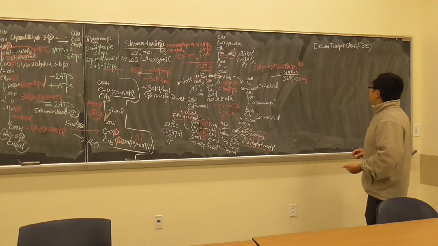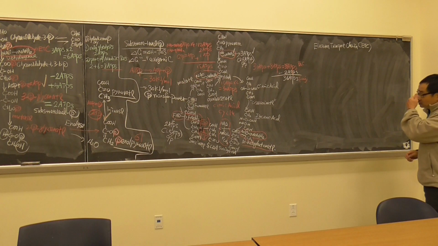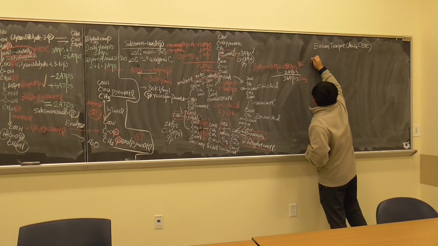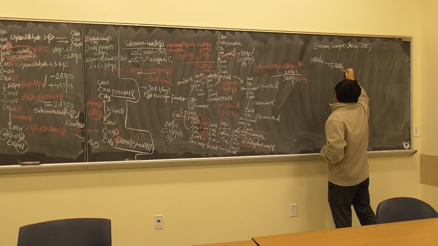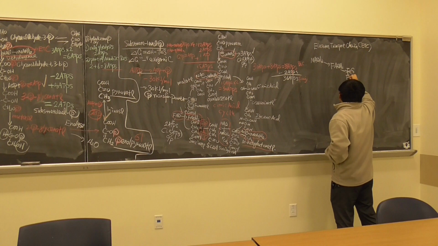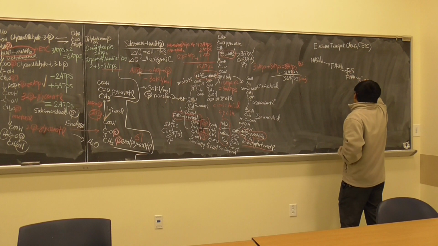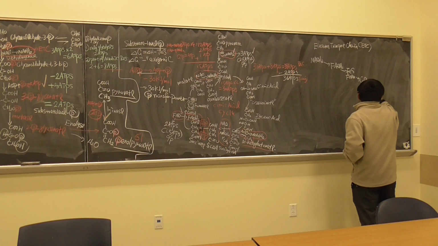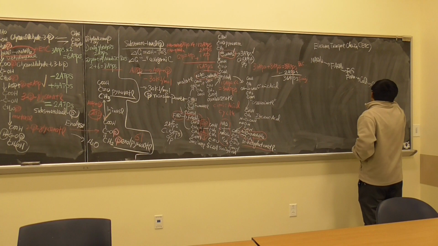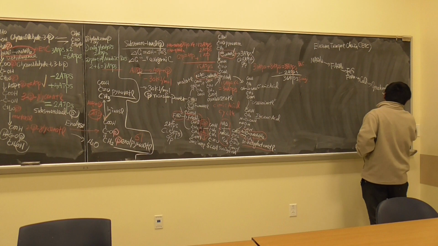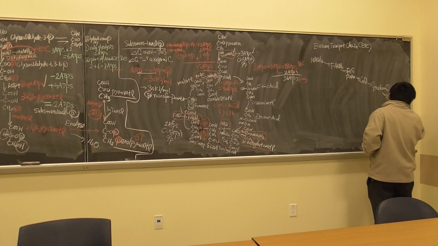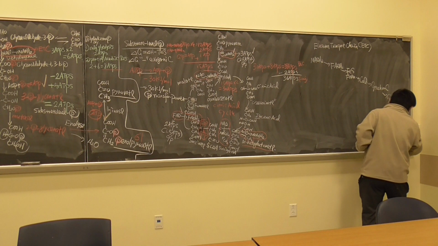So we could draw a model for the electron transport chain. What does it look like? It is NADH2 goes to FADH2, then goes to FeS, FMN, then goes to coenzyme Q, and then goes to cytochrome C, then cytochrome A, then cytochrome A3, and finally oxygen.